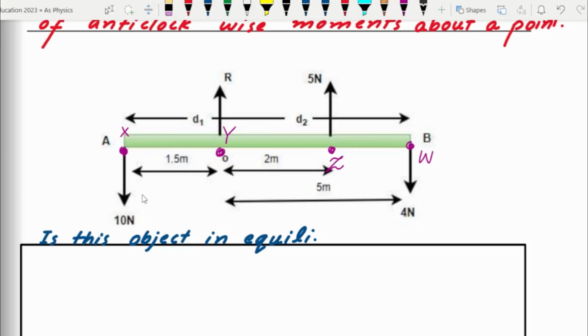And the answer is, in this special situation, if we consider the point Y the pivot, the force that is passing through the pivot, in this situation force R, which is unknown, would have no turning effect, because the line of the force is passing through the pivot.